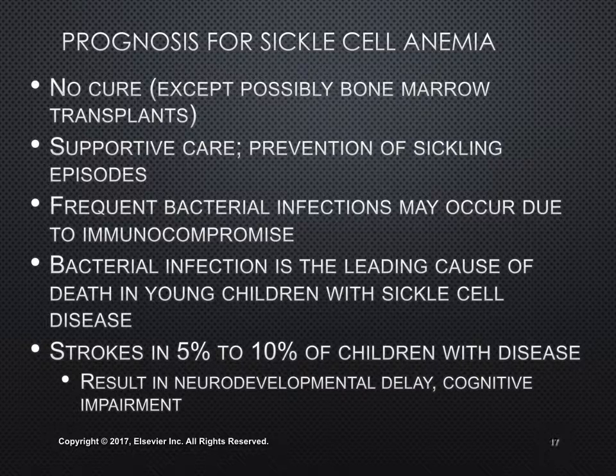Frequent bacterial infections may occur due to their immunocompromise, and whenever there's an infection, that increases the sickling event. Bacterial infection is the leading cause of death in young children with sickle cell disease, and they have strokes in 5 to 10% of the children with the disease, which results in neurodevelopmental delay and cognitive impairment. Again, basically, they're getting little strokes.